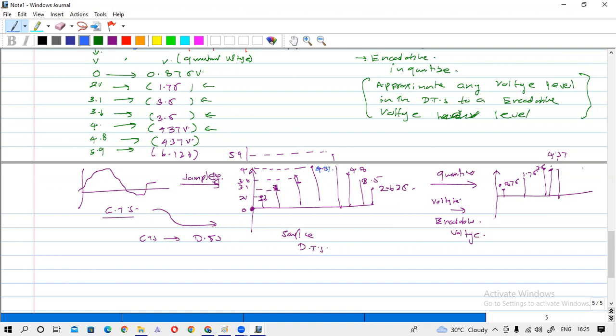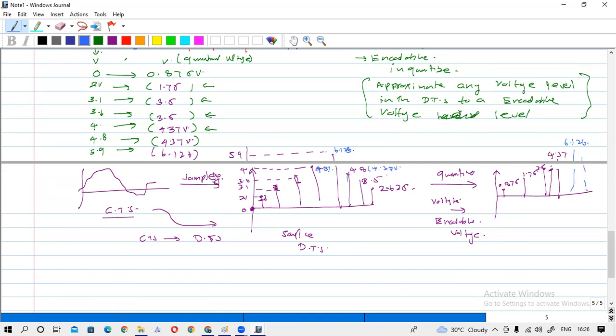So this 5.9 you can approximate to 6.126. And this 4.8 you can again convert to 4.37. So you have reduced. This is 4.37.